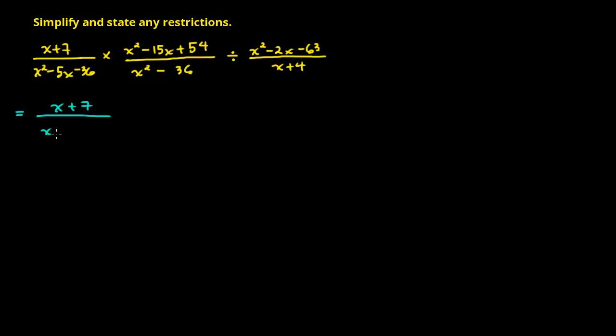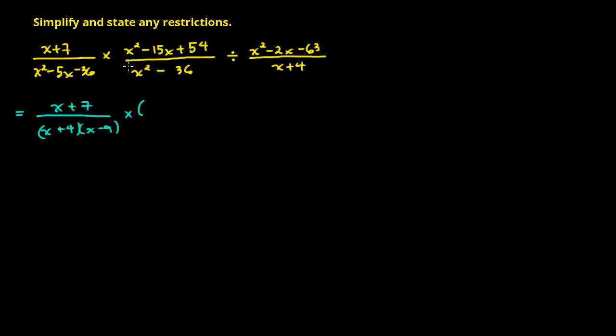Well, that factors to x plus 4 times x minus 9, because here I need to find two numbers that multiply to negative 36 and add to negative 5, which would be negative 9 and positive 4. I'm going to multiply by, well, let's see if we can factor the numerator here.